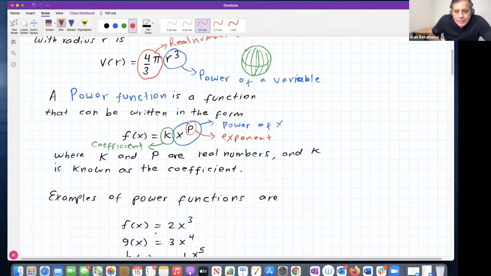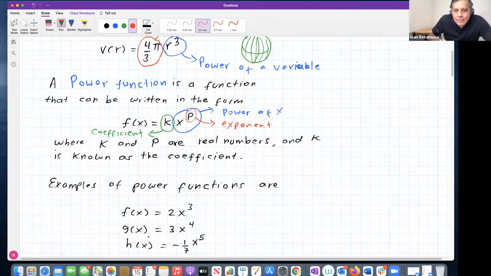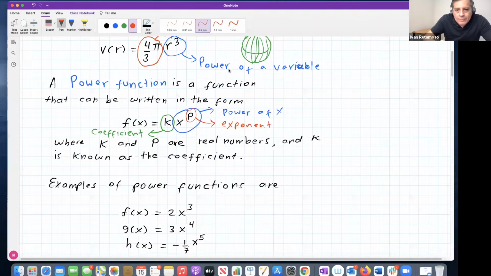Now, examples of power functions. f of x equal 2 times x to the third power, or 2 times x cubed, is a power function, right? You see the form here. Some real number up front multiplying the power of some variable x, right? Another example, g of x equal 3 times x to the 4th power. And again, you see the pattern, right?